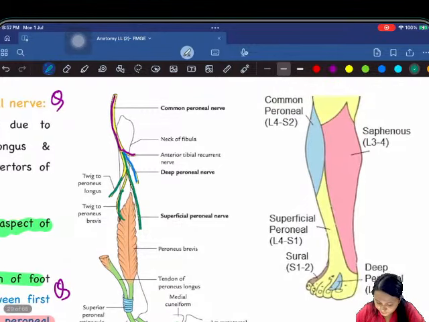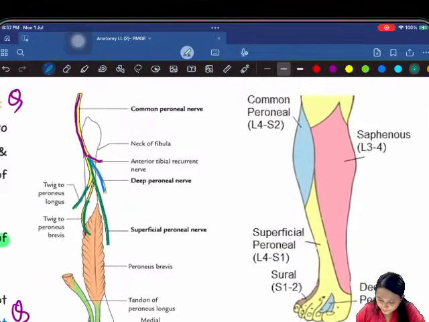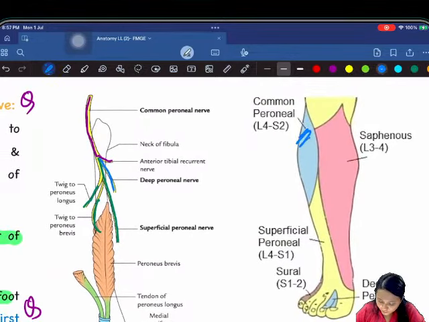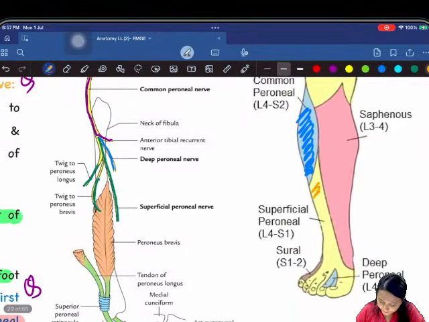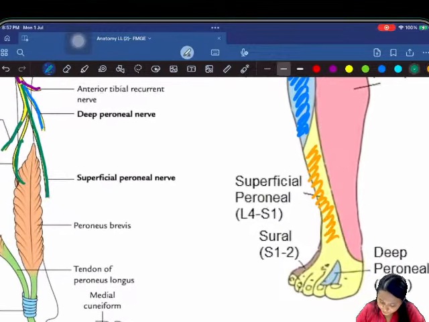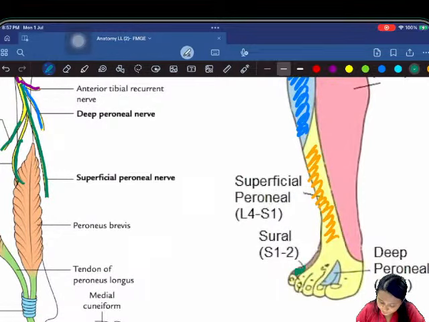So you can see the dermatomal innervation here, that this is the innervation of your common peroneal nerve, and below, mostly the lateral aspect of the leg is supplied by the superficial peroneal nerve, and the lateral most on the dorsum is supplied by the sural nerve.